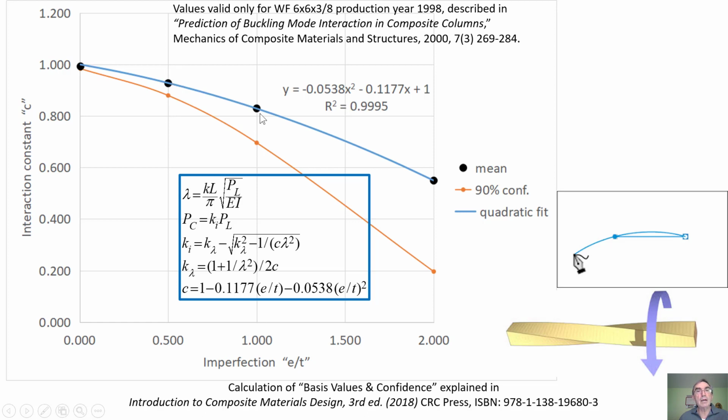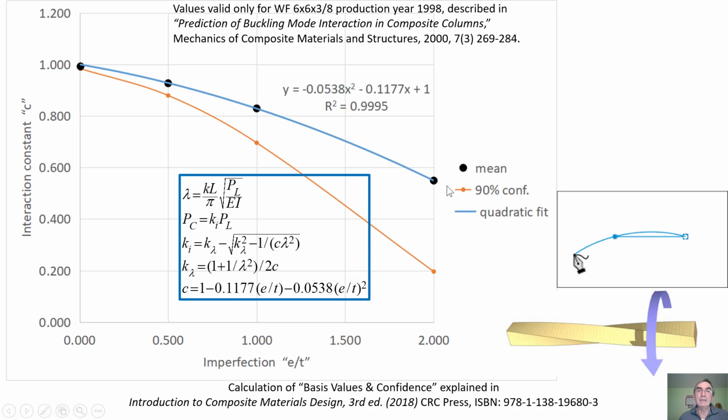And if the imperfection is 1, I put all the lambdas here, all the lengths here, and all the columns that you might possibly want to use, I put them together in this point with imperfection E over T, because what I want is to catch the effect of imperfection and apply it to all the lengths.